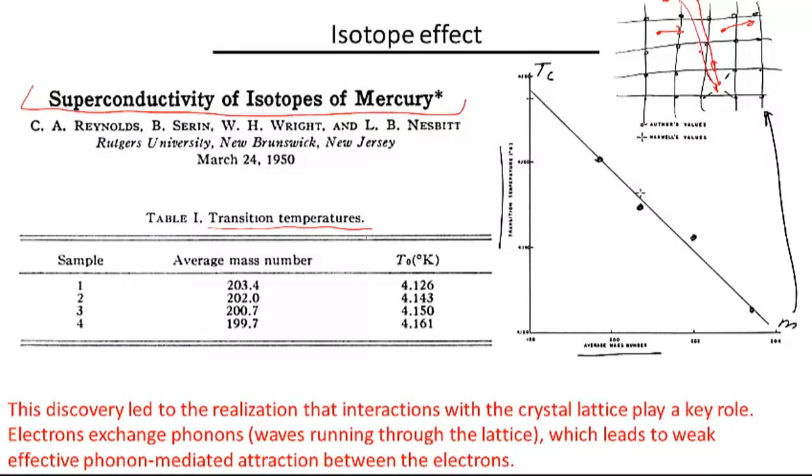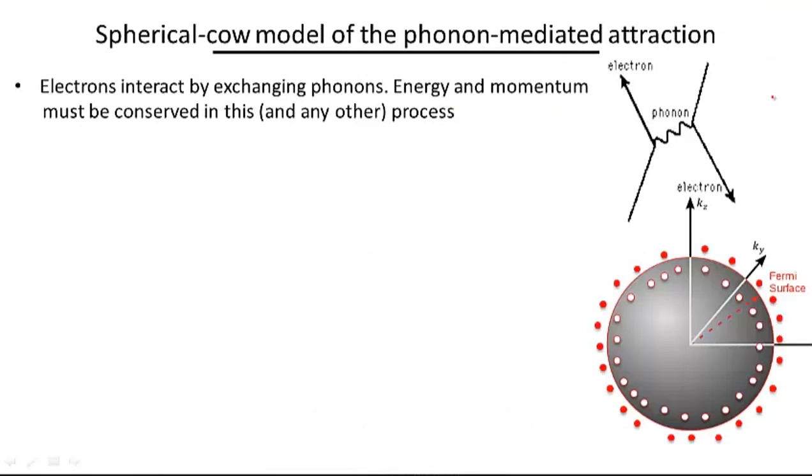By the way, for the actual solution I'm going to present, the origin of the attraction doesn't matter that much. It will be just some attraction, some constant, minus V naught, but it's good to know the physics behind it. For the actual calculation, we'll need a specific mathematical model of this electron-electron attraction, and the true interaction is actually quite complicated.